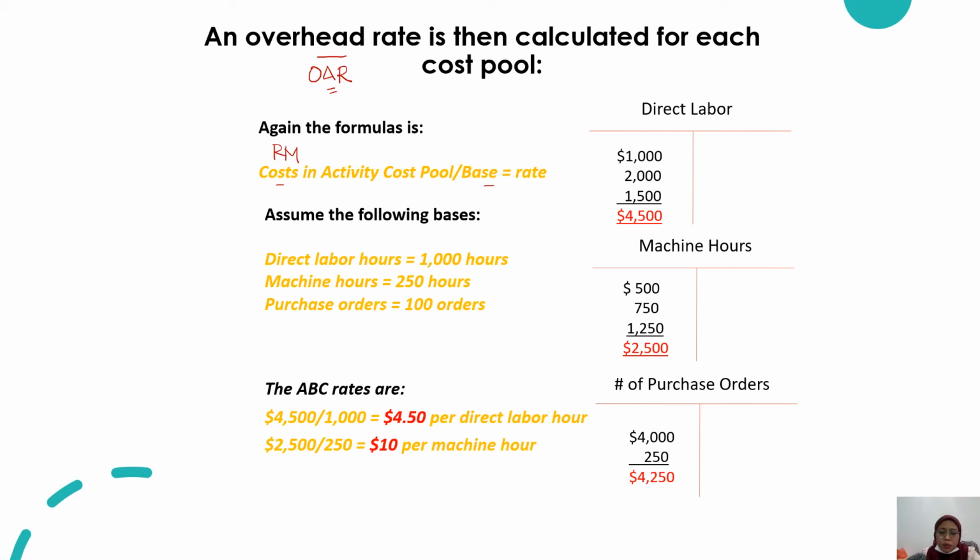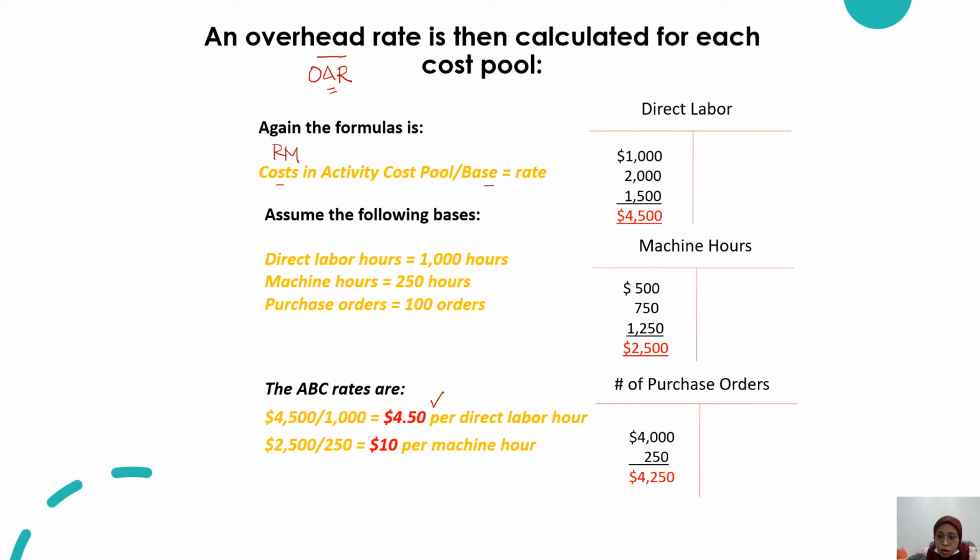So how do we calculate this? We take the dollar 4,500 divided by 1,000. You get $4.50. How do we get that?